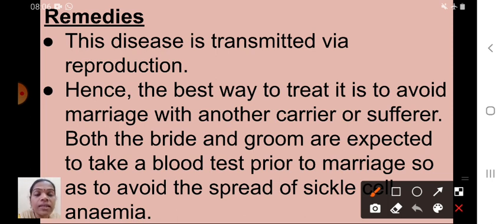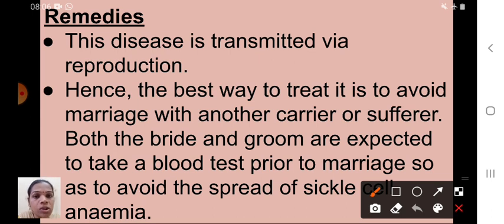Hence, the best way to treat it is to avoid marriage with another carrier or sufferer. Both the bride and groom are expected to take a blood test prior to marriage so as to avoid the spread of sickle cell anemia. That's why nowadays it is a trend that before marriage everyone should take a blood test.